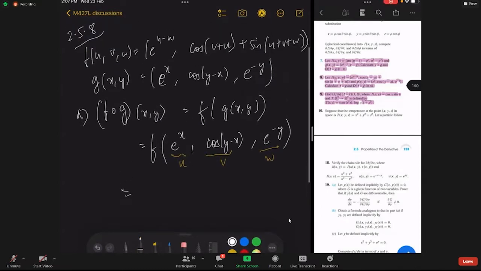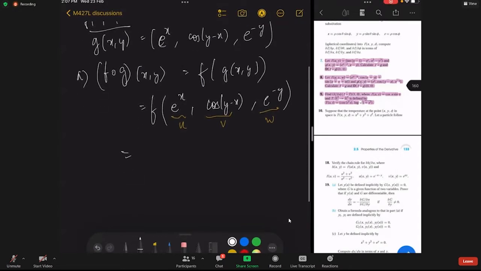So if I just expand this in your f of u, v, w, you will get it as e power x minus e power minus y.